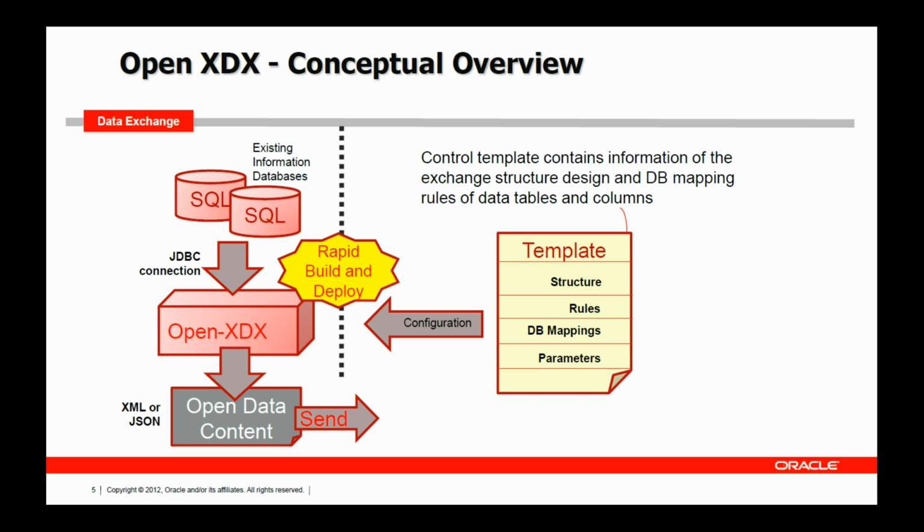This field in the XML comes from this table and this column in the database. And you can configure parameters. So you can say, I don't want the entire data set from the database. I only want this one particular set of records for this patient ID number. So we're going to see how all this works.